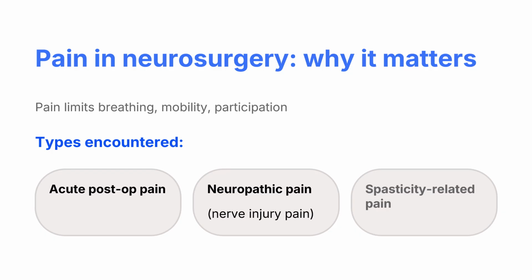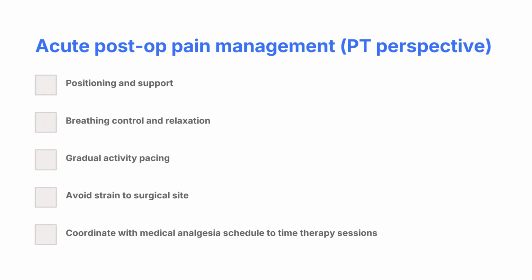So let's see about the acute pain. Physiotherapy will manage pain using positioning, breathing control, and pacing activities. Pacing activities means the patient is moving the body or doing a function at his or her own pace, at own rest or speed. Okay, that means pacing.